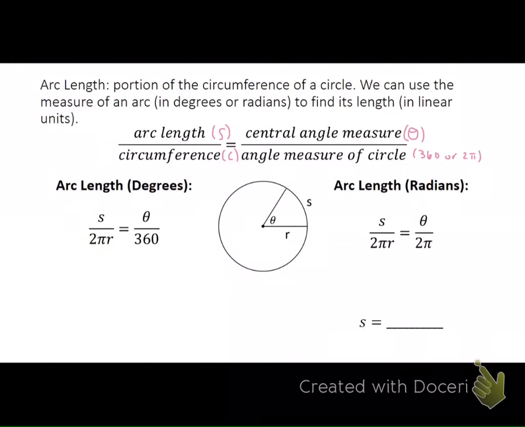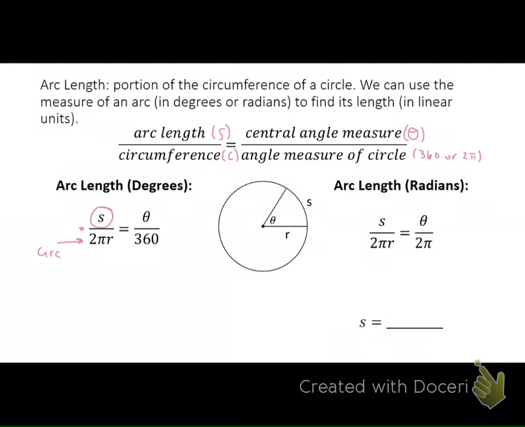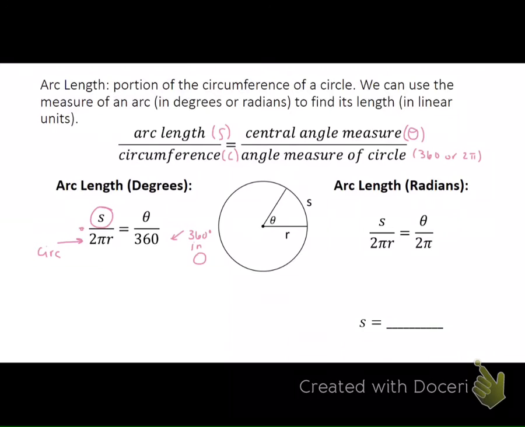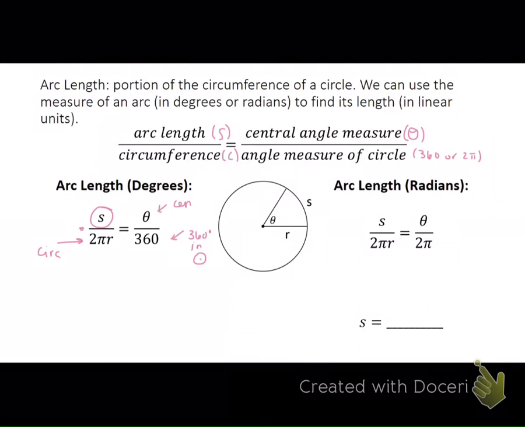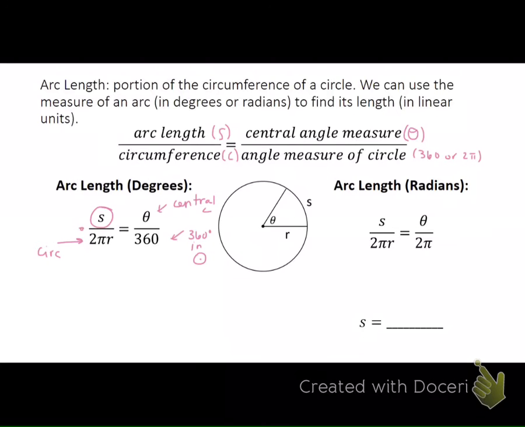So S is the arc length. So if I multiply this by, this is circumference here, right? Circumference is 2 pi r. Do you agree with that? There's 360 degrees in a circle. Do you agree with that? Are we good there? This is the central angle. So whatever our central angle is, we'll put there.